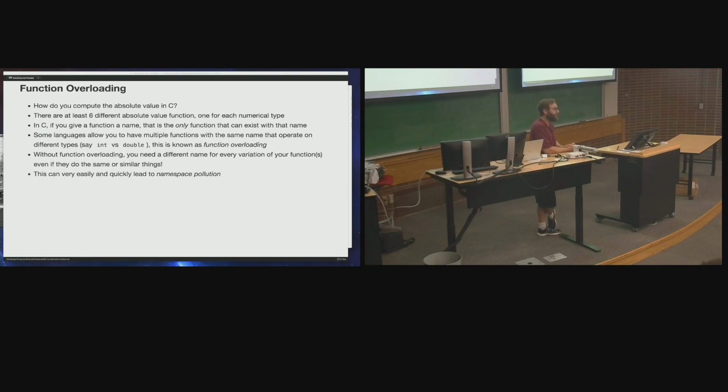That's not that big of a deal if you're just writing your own small little programs. But if you're bringing in a library here, another library over here, maybe some code that you found on the internet over here, and a library over here, what if in this library they had a function called distance, and in this library they also had a function called distance? You can't use those libraries together very easily anymore.